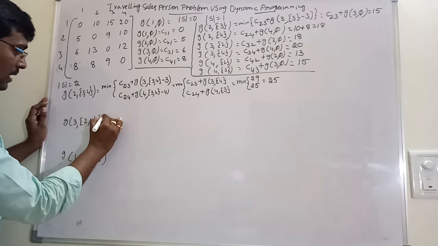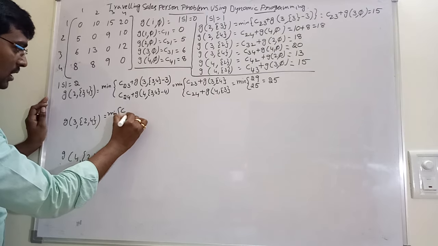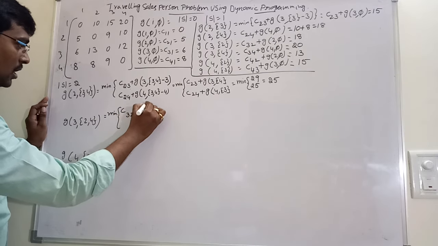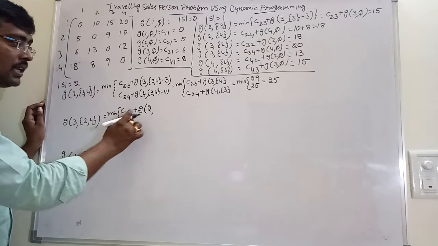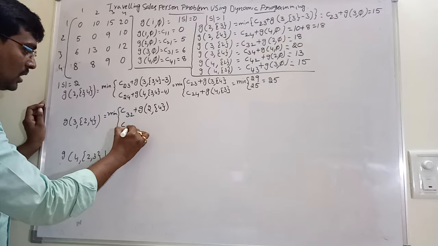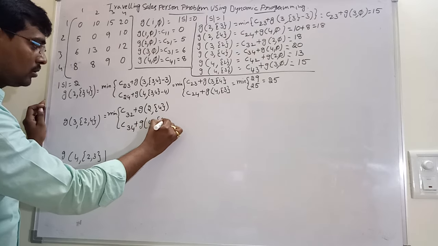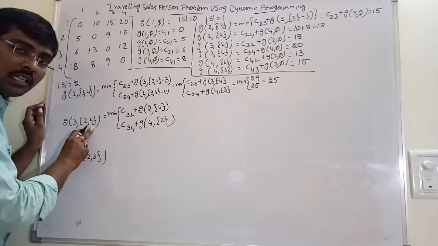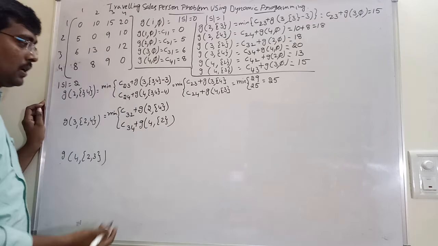In a similar way calculate the minimum of C32 plus G of 2 comma {2, 4} minus 2, that means simply {4}. C34 plus G of 4 comma {2}. So the pair contains only two elements, one is written as the vertex, another one is subtracted.